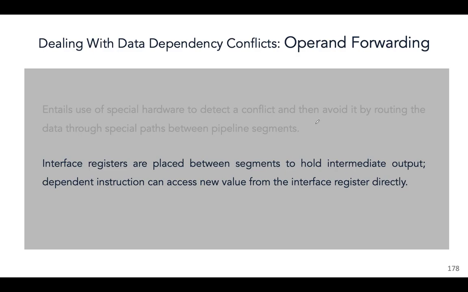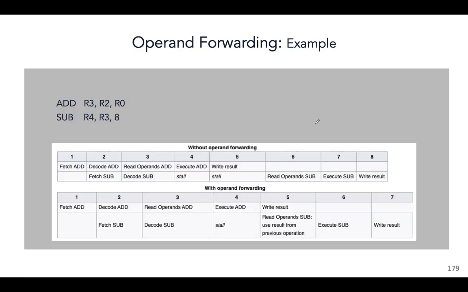So a very simple way to understand this is with the help of an example. Suppose we have two instructions, add and subtract. In the add instruction, R2 and R0 are added, the contents of these two registers are added, and the result is stored in R3. And then there's a subtract instruction in which 8 is subtracted from R3 and whatever the result is, it's stored in R4.